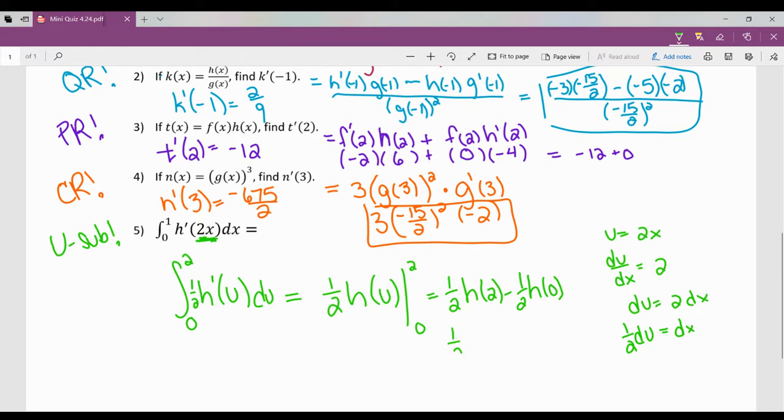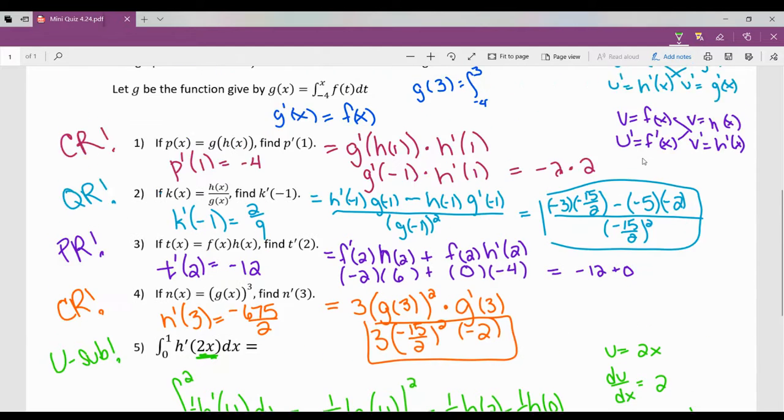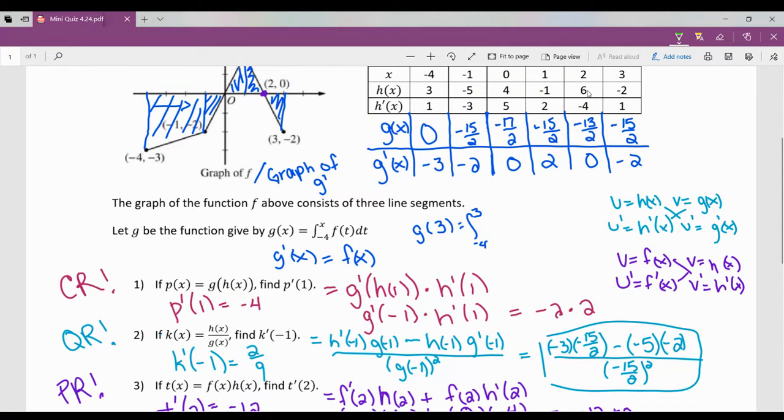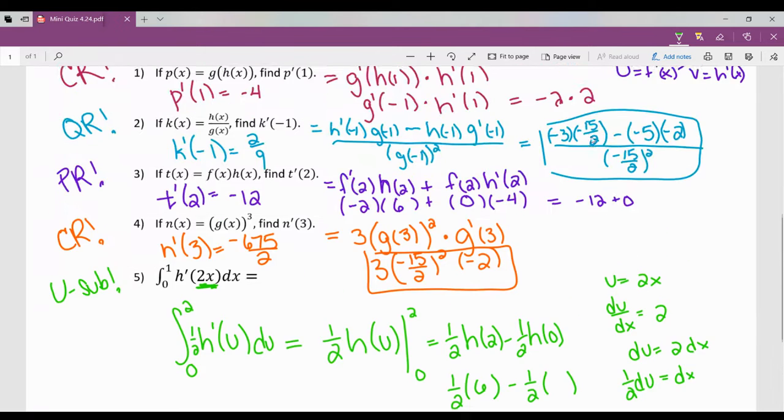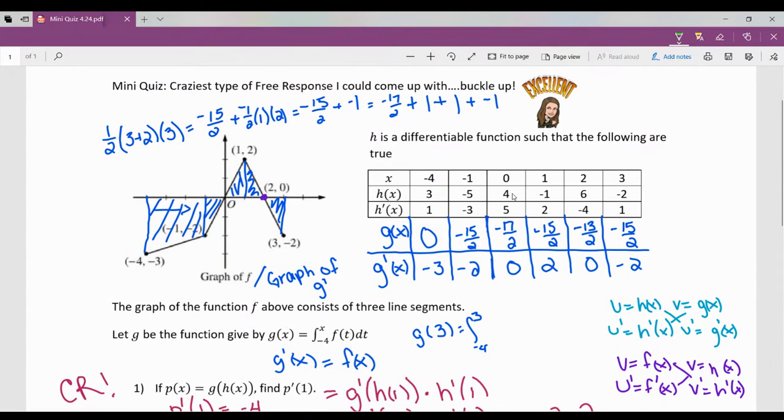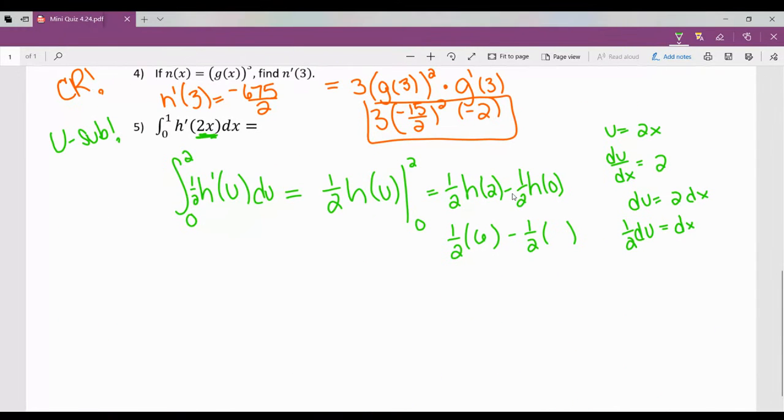Okay, so 1/2 h of 2, which is scrolling up to the top, h of 2 is 6, minus 1/2 h of 0, which is scrolling up to the top, h of 0 is 4. So we've got 3 minus 2. Final answer, it equals 1.